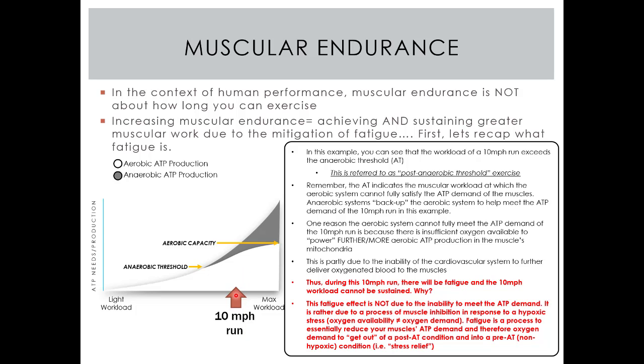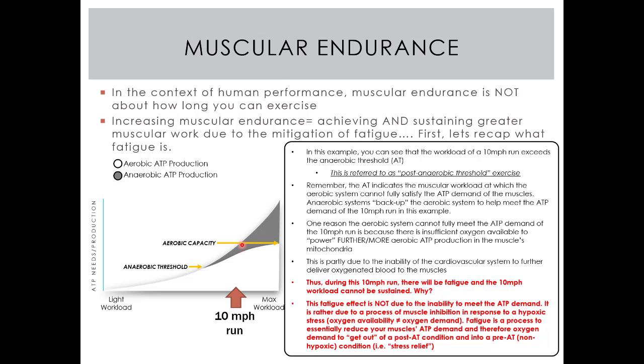And as I just explained, this 10 mile per hour run would then involve the aerobic system unable to meet the full ATP demand due to insufficient oxygen availability, and thus the anaerobic system would be required to fulfill the remaining portion of the ATP demand that the aerobic system cannot.